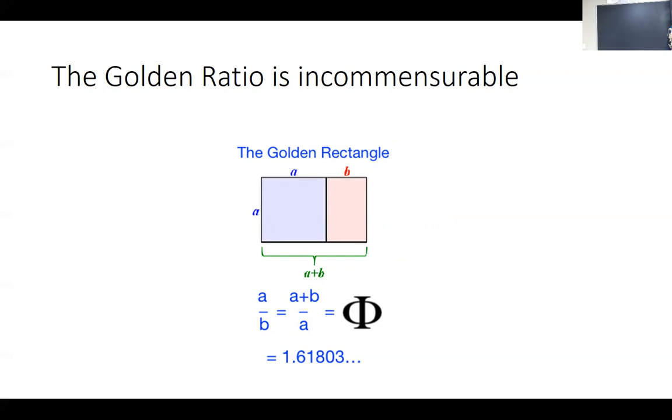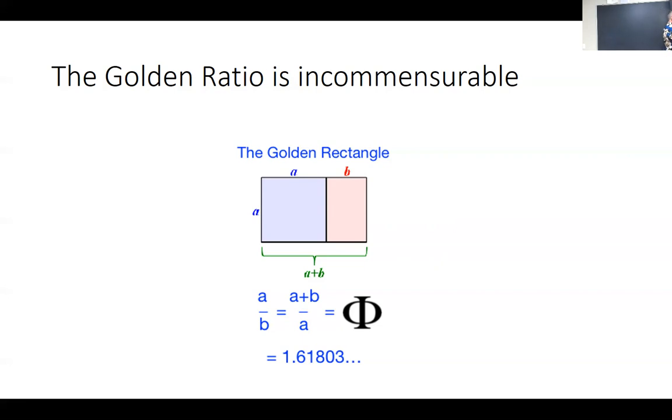And the way that you get the small rectangle is you cut out this square here. But cutting out a square is the same thing as subtracting A from A plus B. So it's the same thing as doing the Euclidean algorithm.